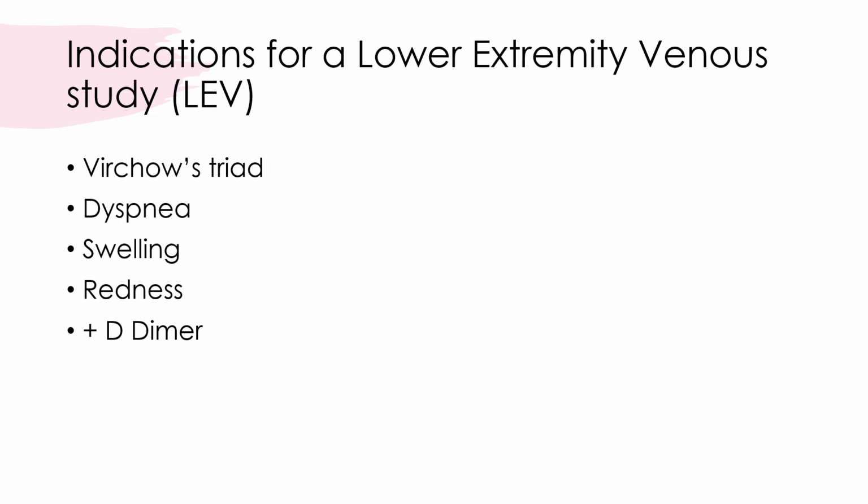And then a positive D-dimer blood test can be considered an indicator. Another thing that you can utilize is Wells criteria. That's another set of criteria that can help you determine whether it's prudent to move forward with a DVT test or not. Now, the D-dimer is relatively non-specific for a DVT, but a lot of practitioners still utilize that in determining whether to move forward with the exam.